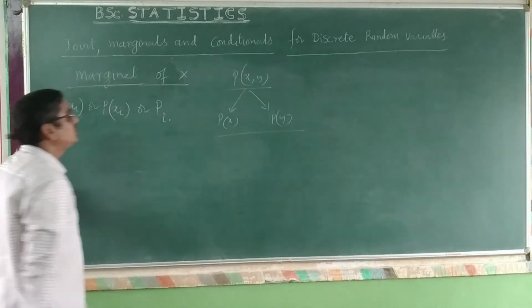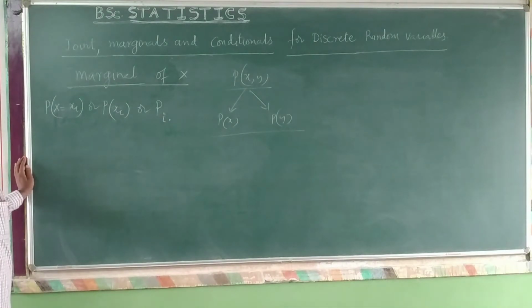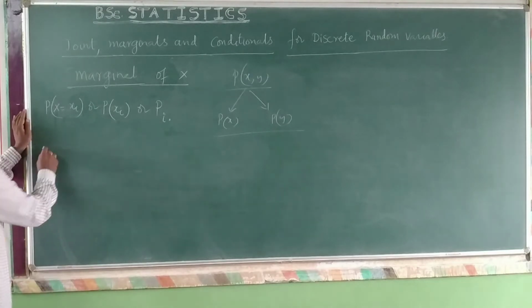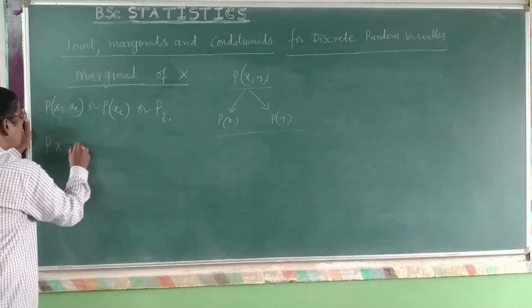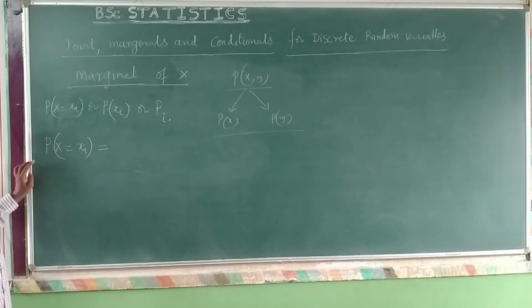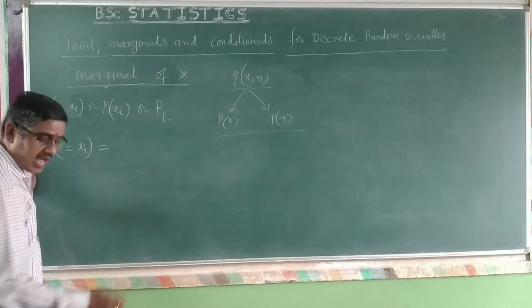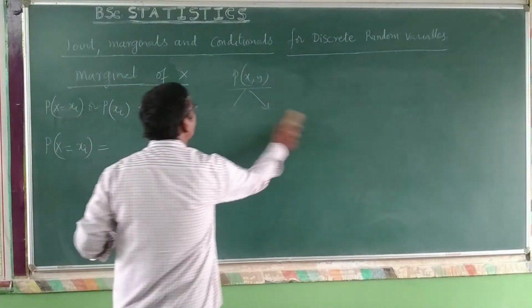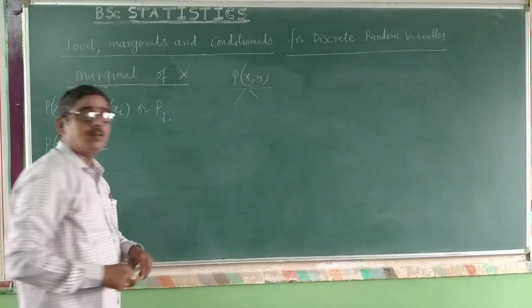Pi dot is another notation for the marginal probability mass function of x. So if you want to write the formula for the marginal probability function, that is probability of x is equal to xi, it is going to be calculated with the help of the joint probability function.